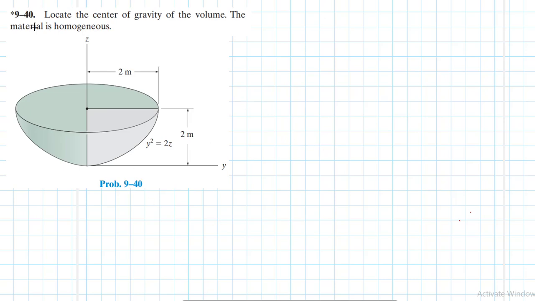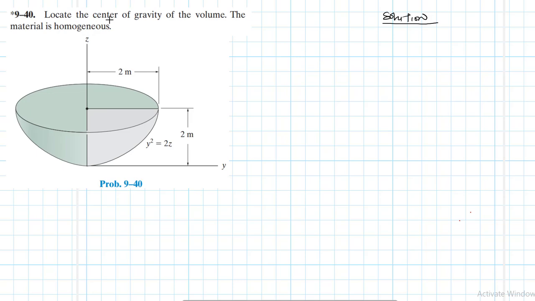The problem reads: locate the center of gravity of the volume. The material is homogeneous. This problem is coming from the Engineering Mechanics Statics textbook, 13th edition by R.C. Hibbeler.